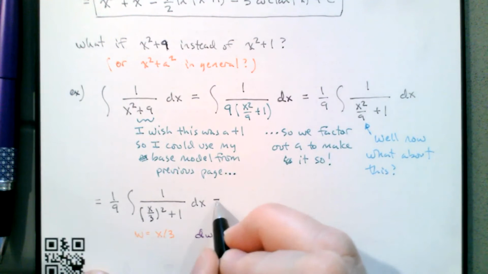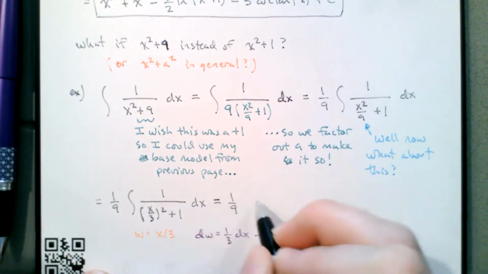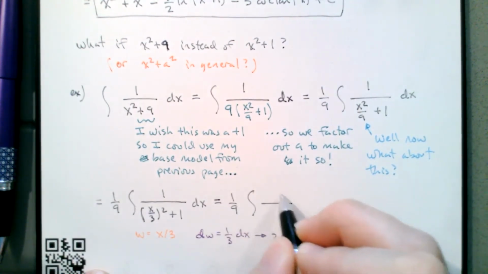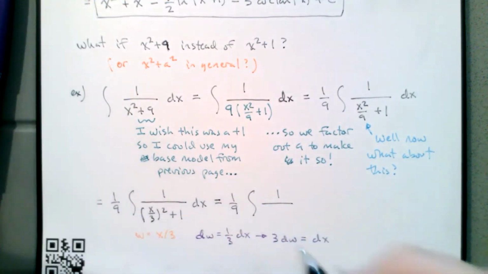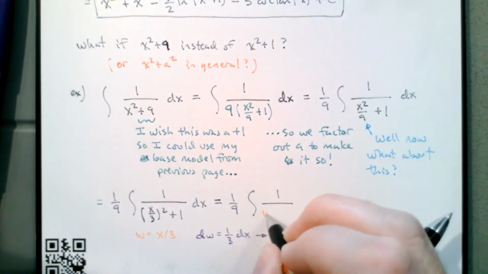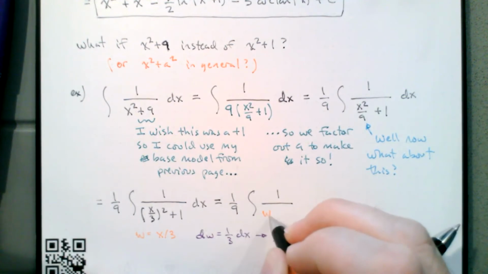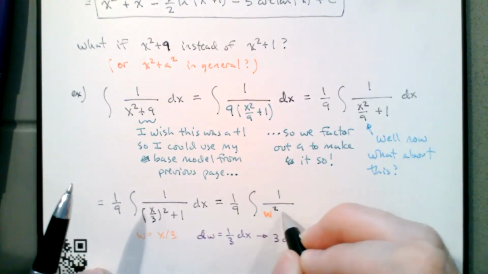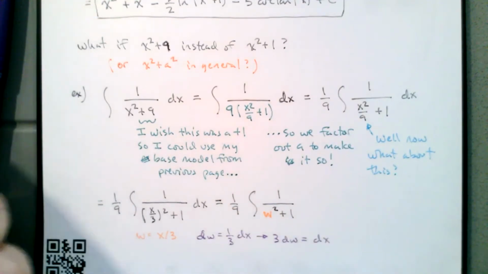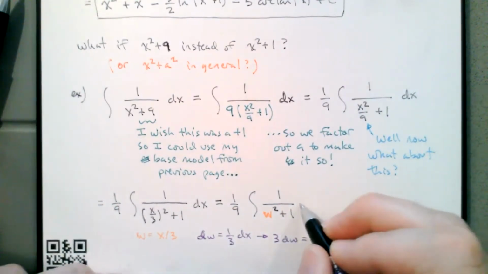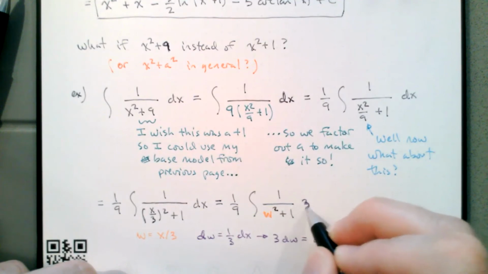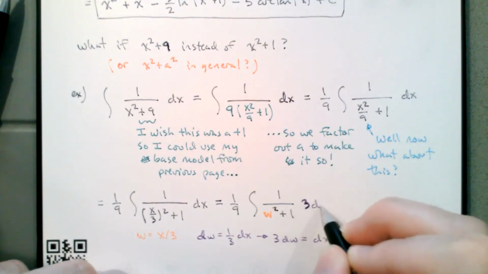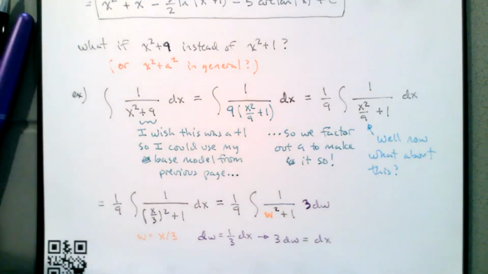So now this is going to be a 1/9 integral of 1 over w squared plus 1, and instead of dx, I have 3 dw. And now I'm looking at my base integral, 1 over w squared plus 1.